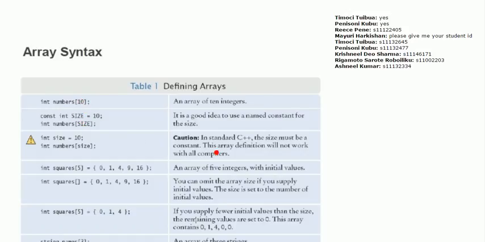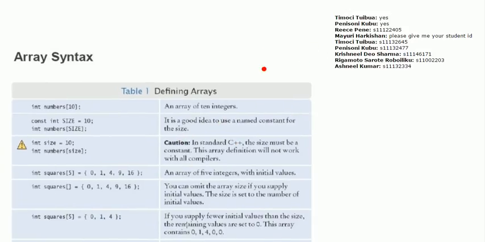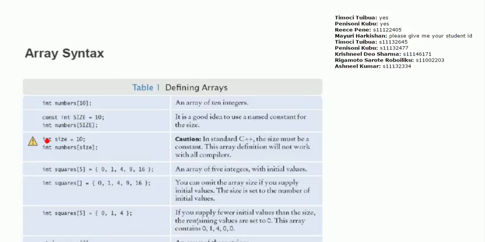It would mean the same, but it is a good idea to use named constants for the size, right? But here, what's the problem? We have int size is equal to 10, int number is size. So, what is the problem here compared to this one? What do you think?